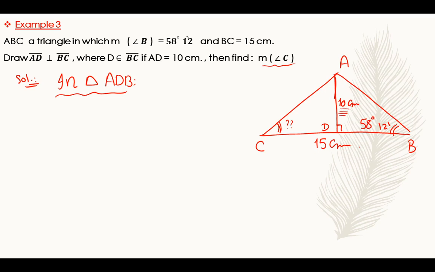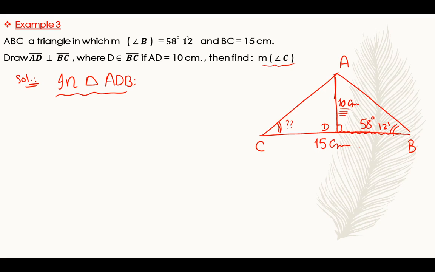So we can use sine to find the length of AB, and we can use tan B to find the length of BD. So in triangle ADB, I want to find the length of BD first.